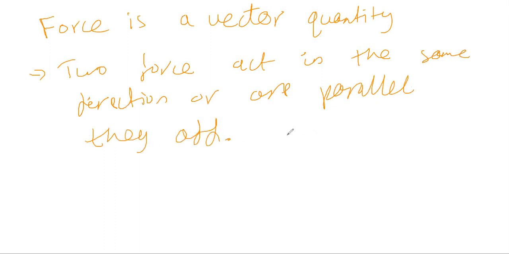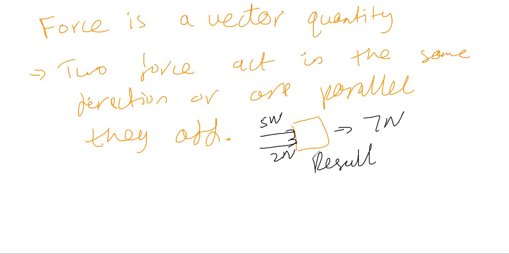For example, on a box, a force of 5 Newton and 2 Newton is acting. So the resultant is 7 Newton. The resultant force is 7 Newton. What is resultant force?